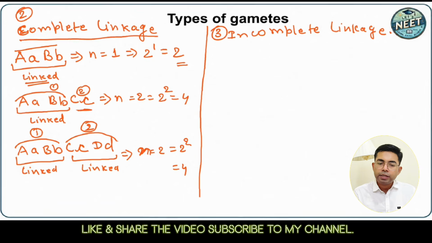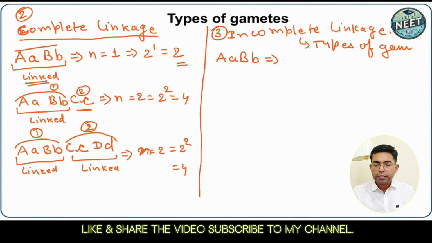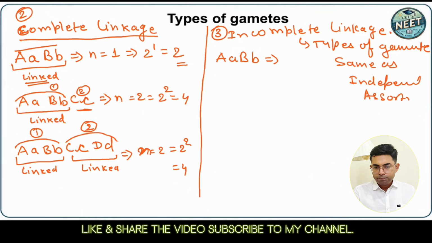Simple. Now coming to incomplete linkage. In this case, simple. Here the types of gamete is same as independent assortment. Because all are possible. So here we will say types of gamete will be 4.